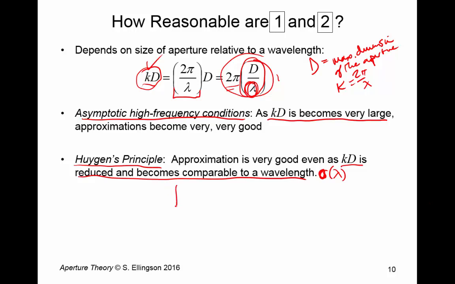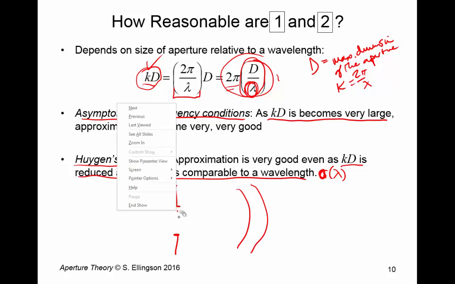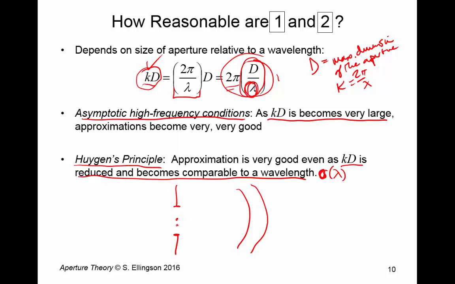So Huygens, in centuries past, thought about apertures and realized that the fields radiated from an aperture could be calculated as if they were from a collection of point sources in the aperture. So he identified a continuum of point sources in the aperture, and since they're point sources, they radiate spherical waves.